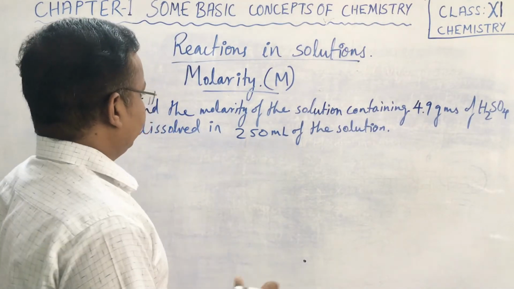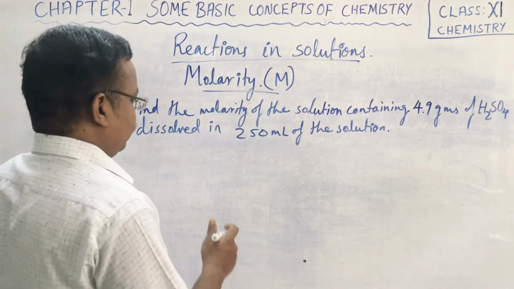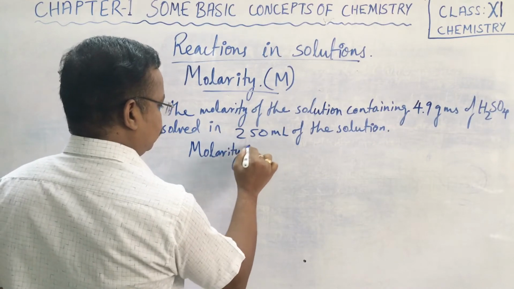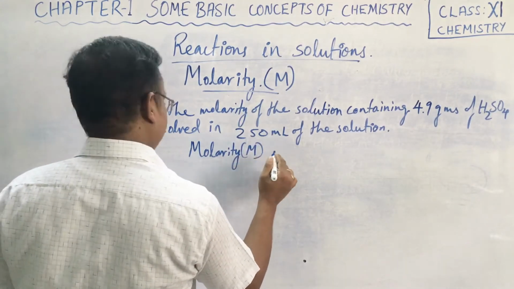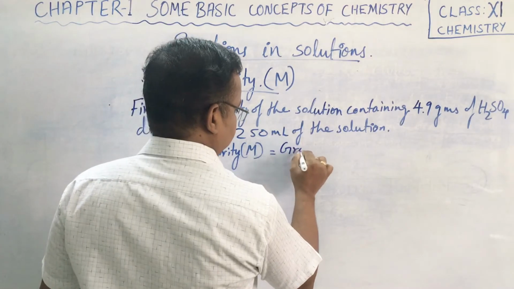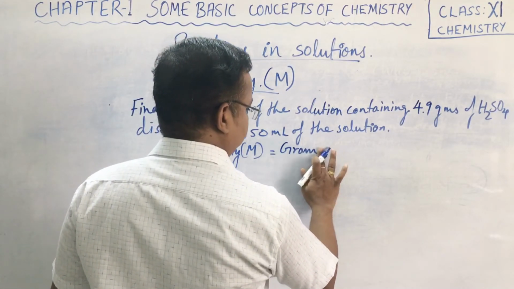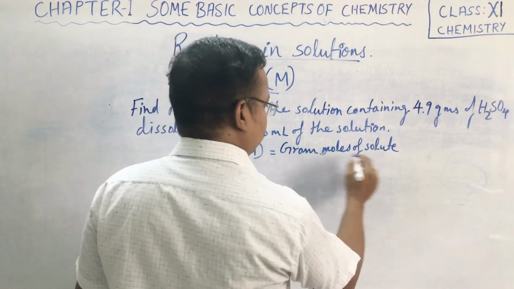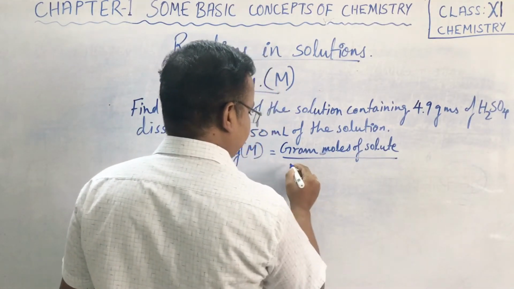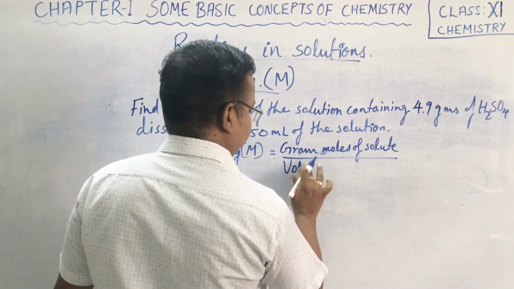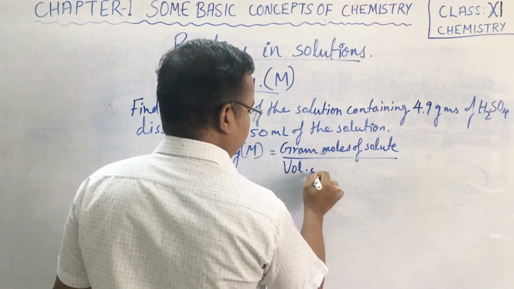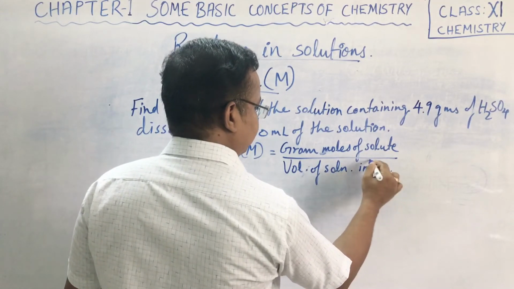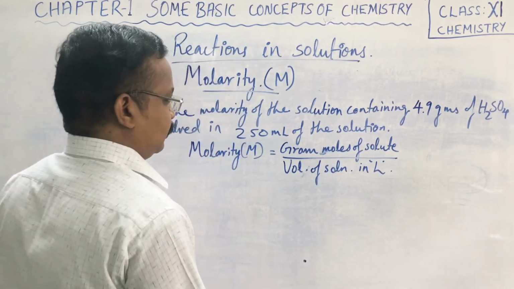Okay. So what we have discussed so far is that molarity M is equal to gram moles of solute divided by volume of solution in liters.